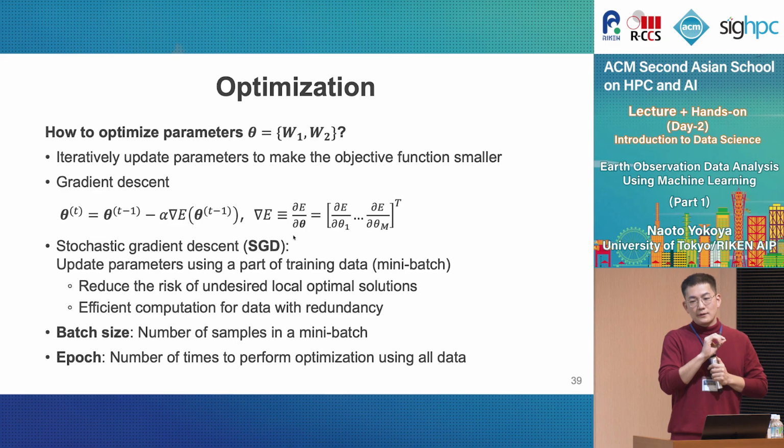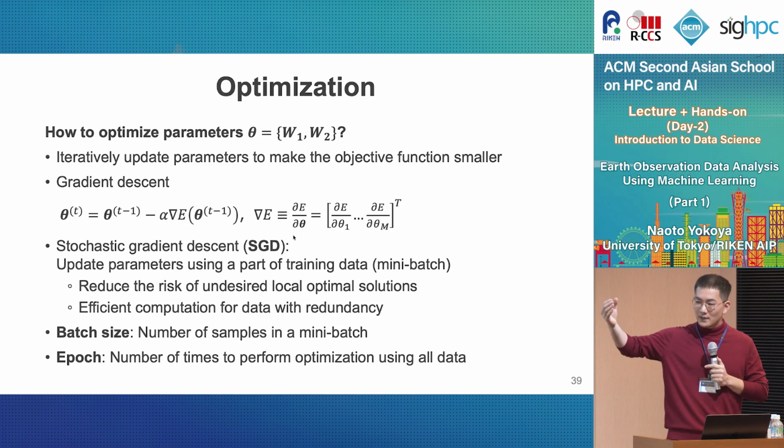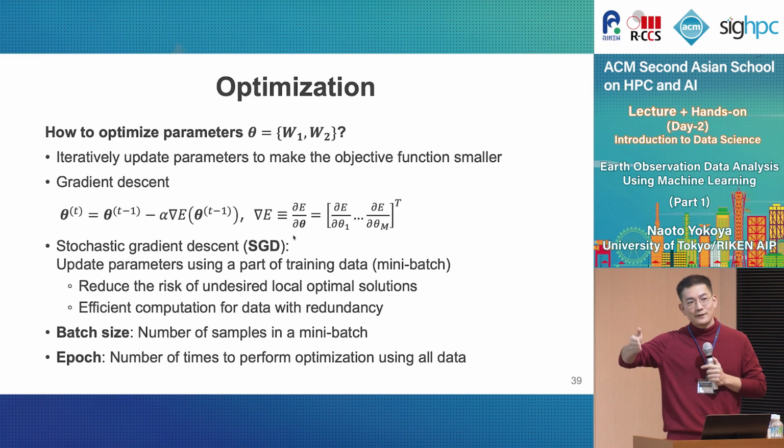Whenever you implement something, you usually set up batch size and epochs. An epoch is, if we have 1,000 samples split into 100 batches, it means we calculate gradient, update, calculate gradient, and update. We perform this 100 times.